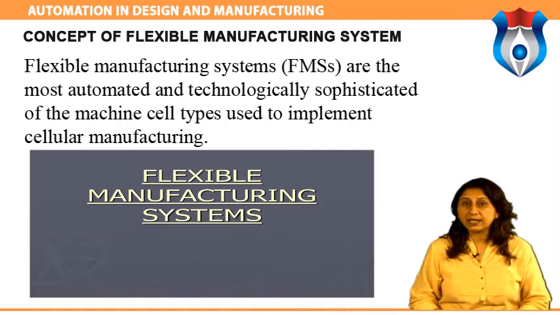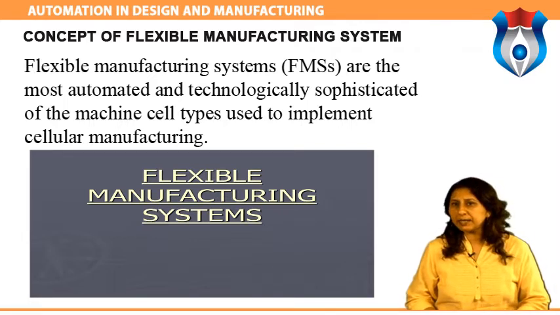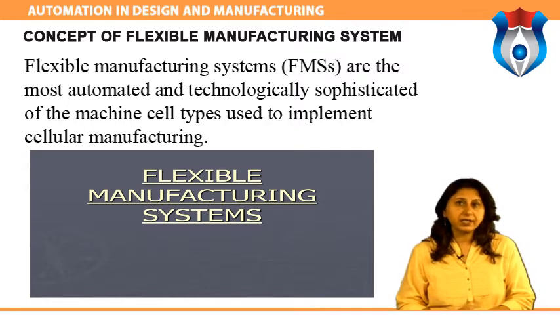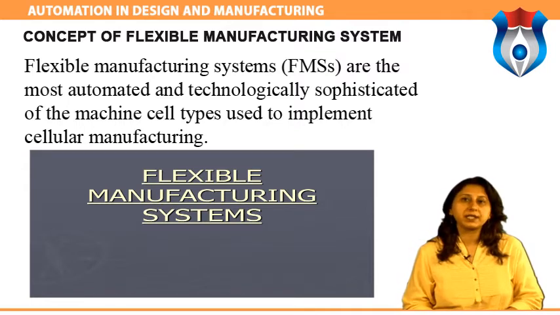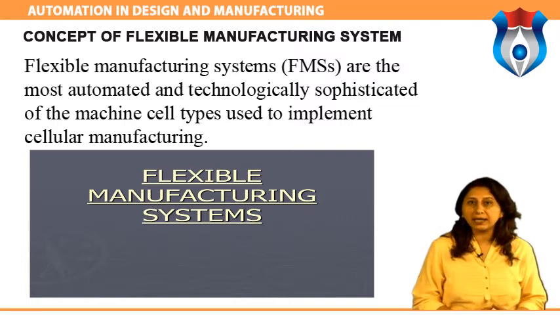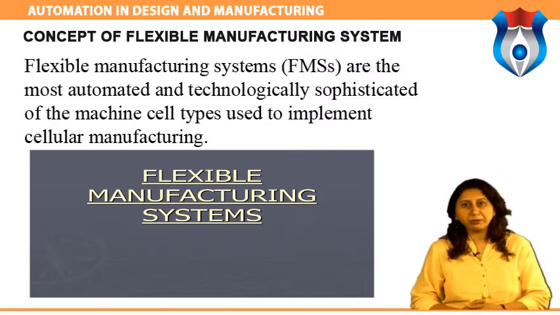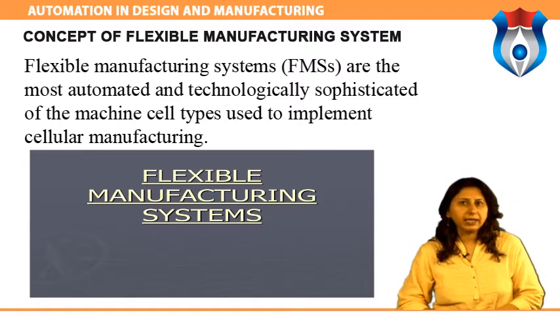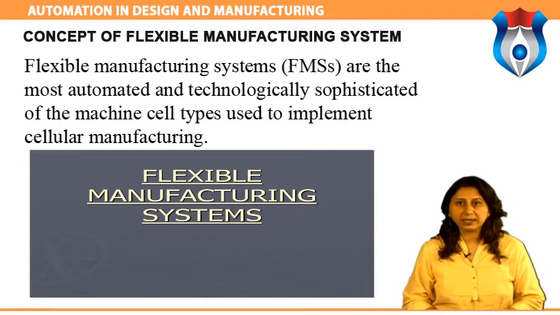Flexibility can have different interpretations, but it generally refers to the system's responsiveness to changing demand patterns so that the mix of part styles in the system and the production volumes that can be met can be adjusted rapidly to meet changing requirements.